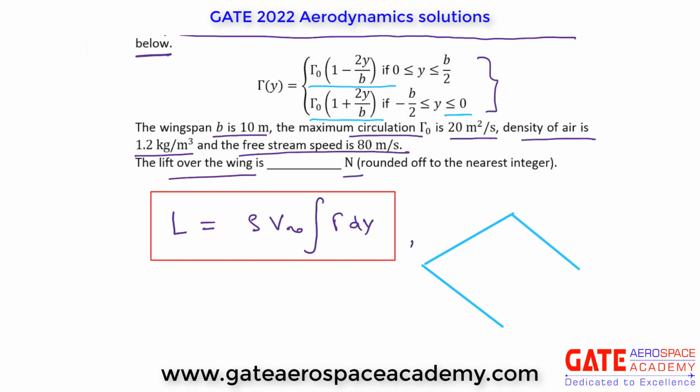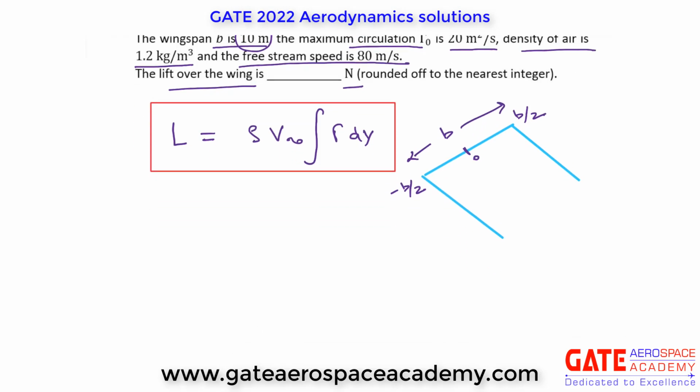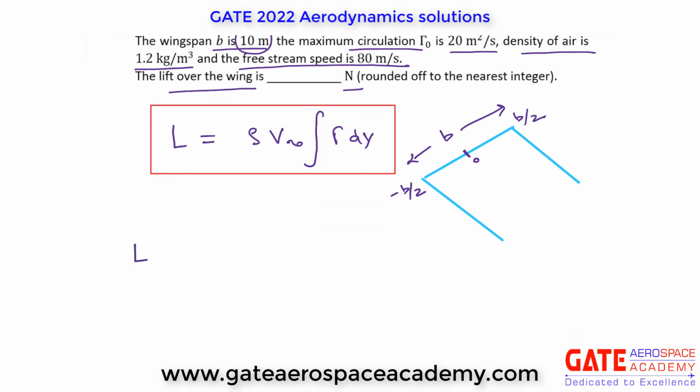So total span is b, that is equal to 10 meter. This is y is equal to 0, minus b by 2, plus b by 2. So let's substitute and integrate. So lift is equal to rho V infinity bracket integration minus b by 2 to 0.